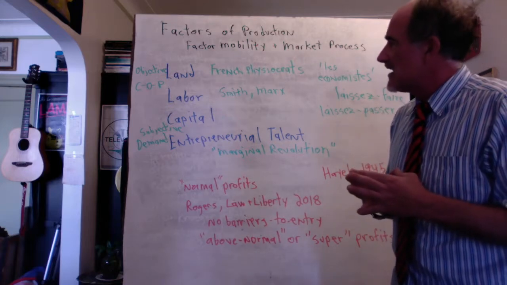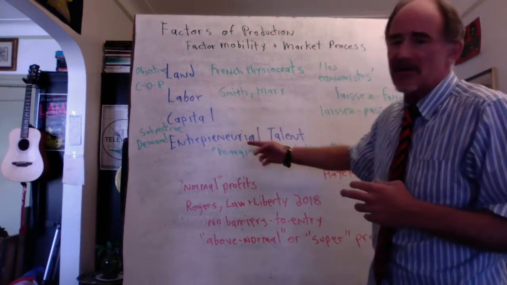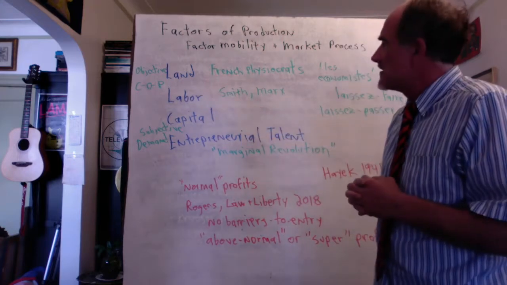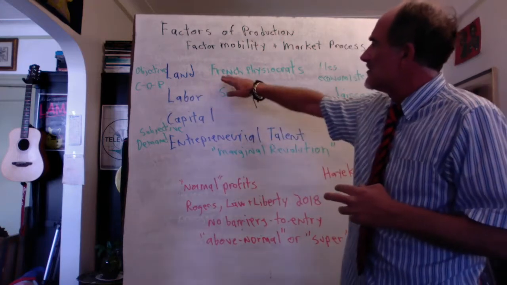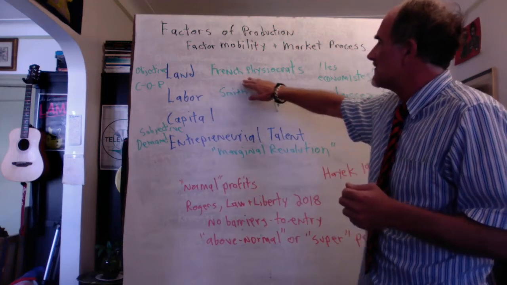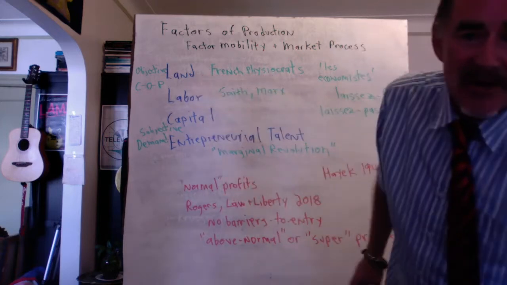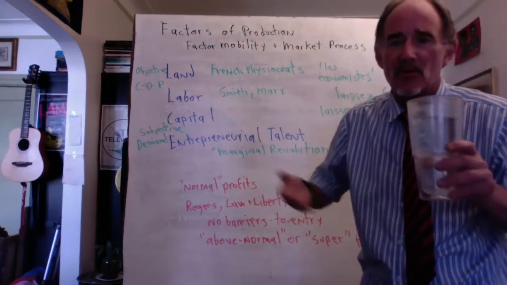So the factors of production are land, labor, capital, and entrepreneurial talent. So the original economists, early modern economists, the French physiocrats, they believed that all value comes from the land, from labor working the land.